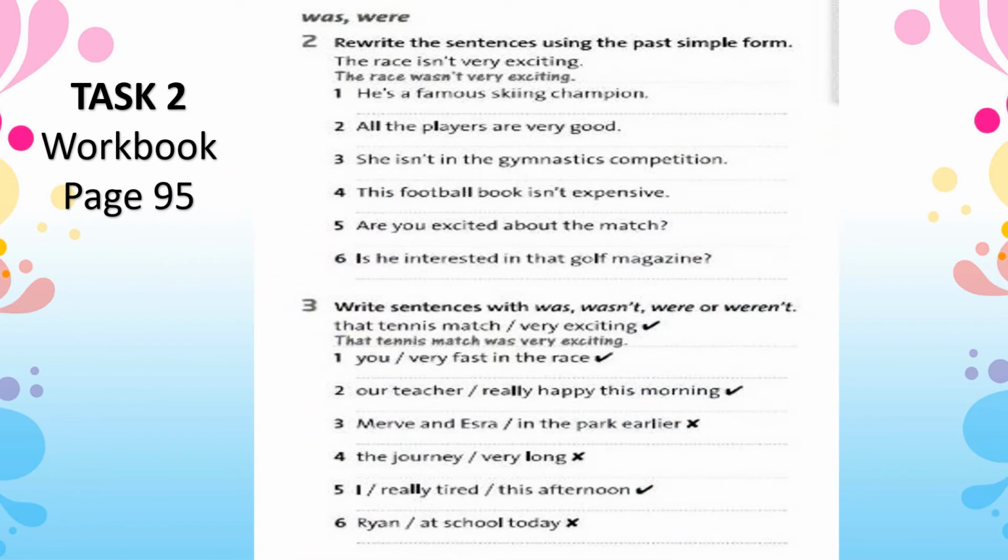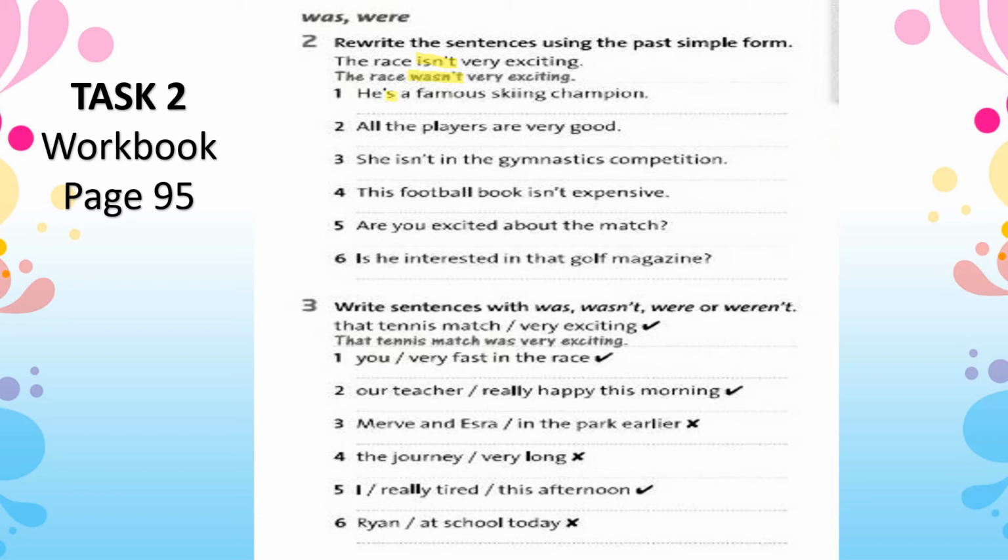Task 2, workbook page 95, exercise 2. Rewrite the sentences using the past simple form. Example, the race isn't very exciting. Isn't is the simple present, so you have to change isn't into past. Isn't becomes wasn't. So for number 1 until number 6, you look for the verb to be.